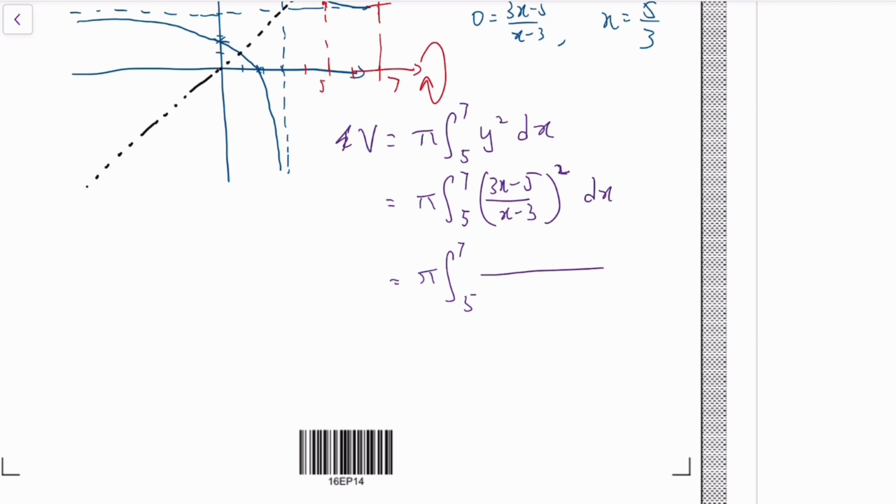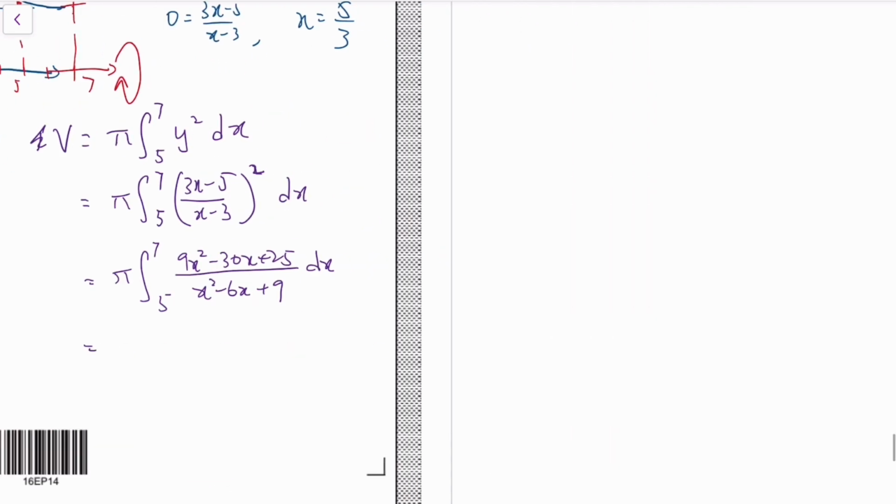Let's actually expand them. So the bottom is x squared minus 6x plus 9, while the top is 9x squared minus 30x plus 25. So this is rational. If you have practiced this enough, it should be obvious what to do.